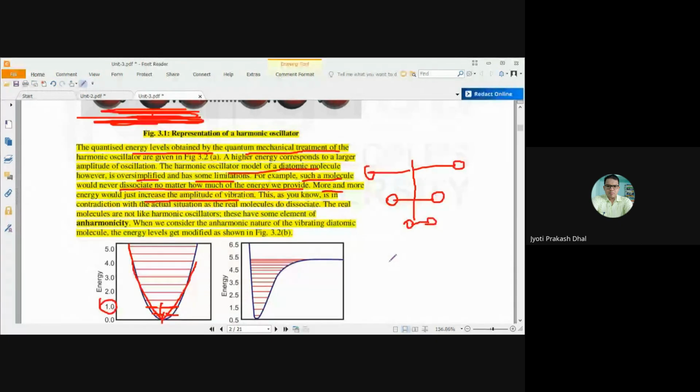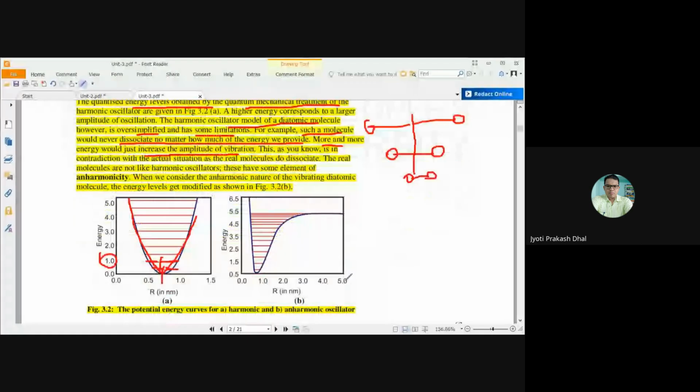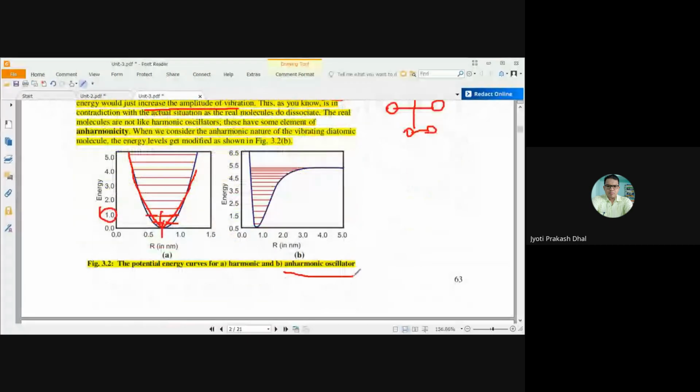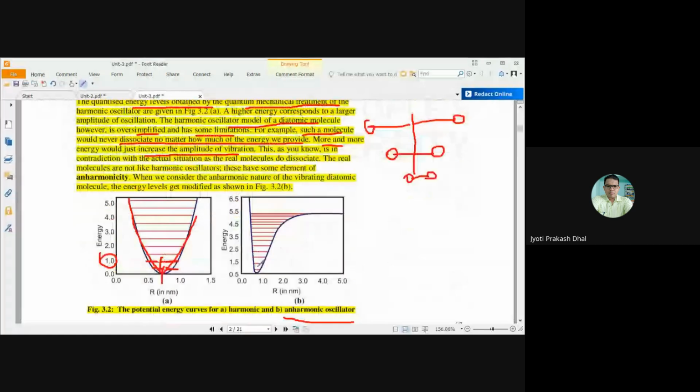So in the actual case, the diatomic molecule will behave as an anharmonic oscillator. This is the diagram for the anharmonic oscillator, and this is the optimal energy. That means when this maximum amount of energy is supplied, the bond between the atoms will break, and we lose the spectra of the molecule, because the molecule AB will be converted into two isolated atoms A and B.